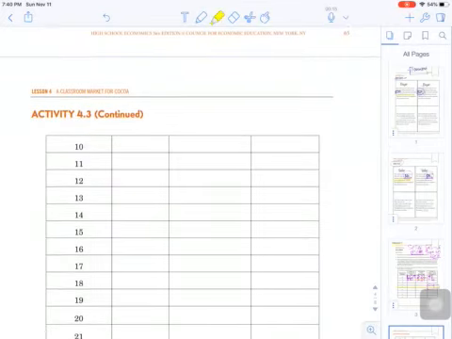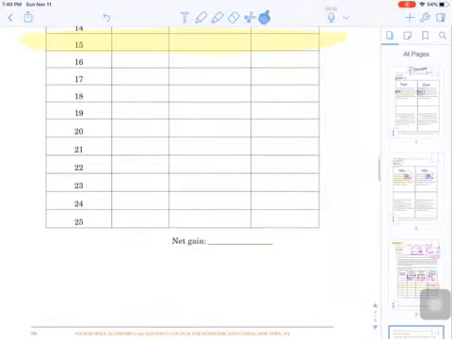And then as far as your grade goes, I'm expecting you by the end of the simulation to get 15 transactions done. Okay, 15 transactions is your goal. And then you also have to fill out the bottom part here, which would be your net gain. Did you end up gaining or losing?